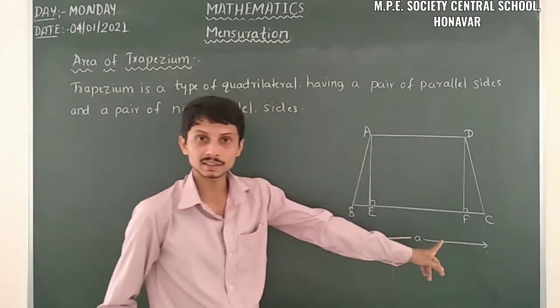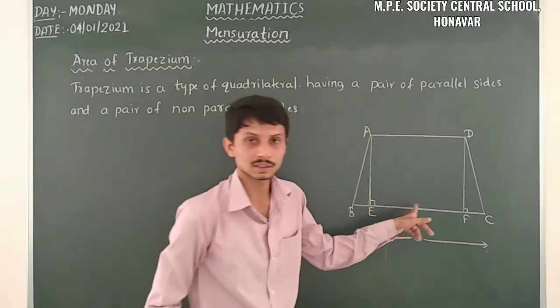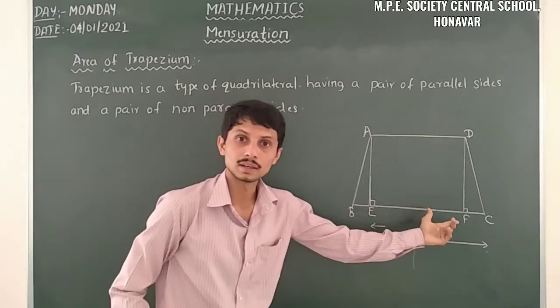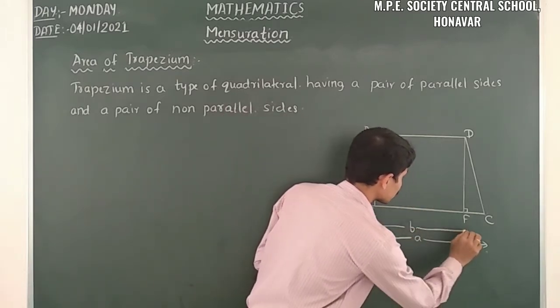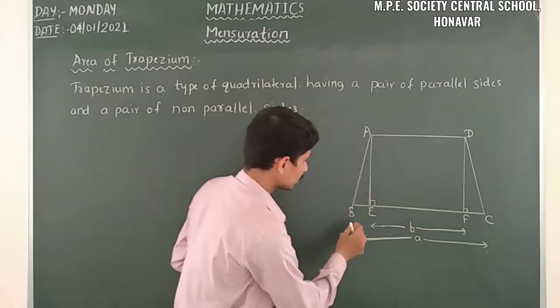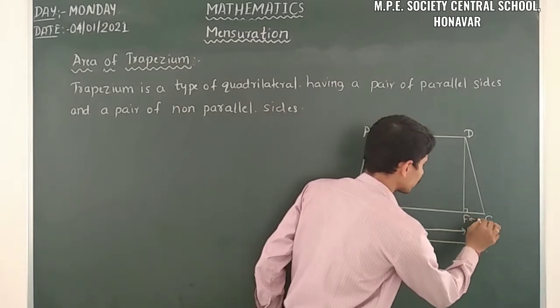I will take this complete length as A, and the length of this rectangle I will take as B. This small length I will take as C, and this small length as D.